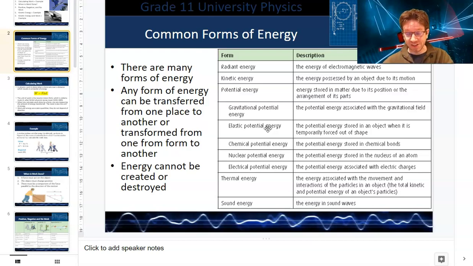Nuclear potential energy. That's energy actually stored in the atom of a nucleus. Electrical potential energy. We'll talk about that more, not in this unit, but we're going to do a whole other unit on electricity that we'll talk more about in that case. Thermal energy.